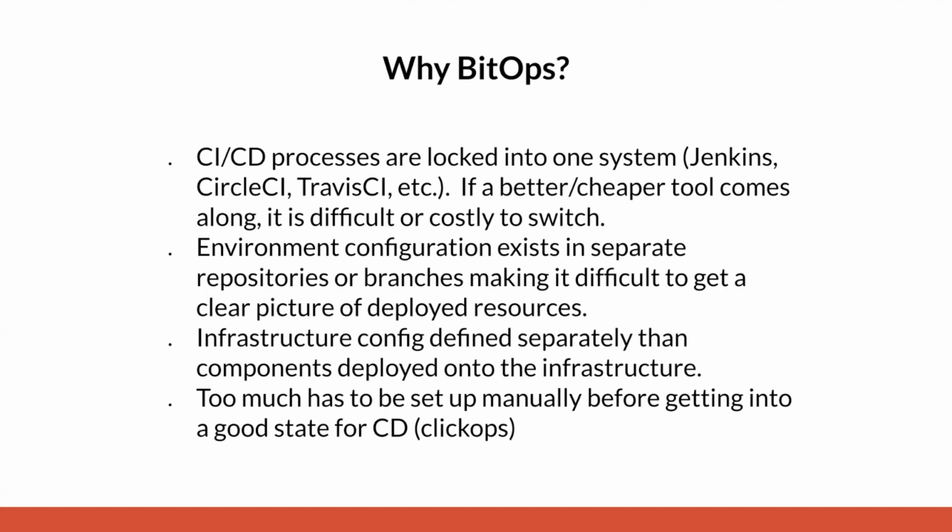So also there are a lot of situations we've seen where environment configuration exists in a lot of separate either repositories or branches in the repositories, and it makes it difficult to figure out what is deployed where, or if you want to promote something from one environment to another, then you have merge conflicts you have to resolve and things like that.